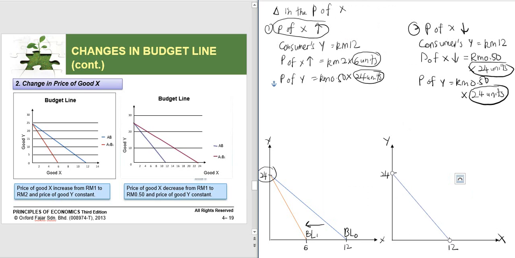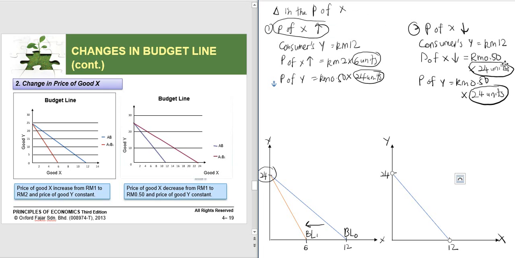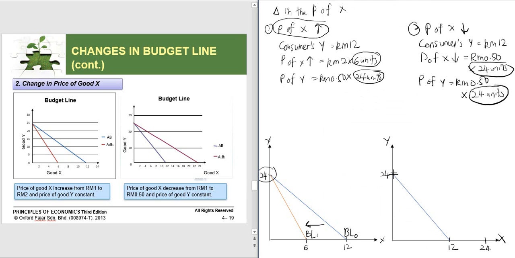And then you have the new price of X, which is 50 cents. So the units of X that the consumer can buy is now increasing because the price of X has become cheaper. Now the consumer is able to buy 24 units of X. So you will have a new budget line, which is shifting to the right. Okay, so that is your new budget line.